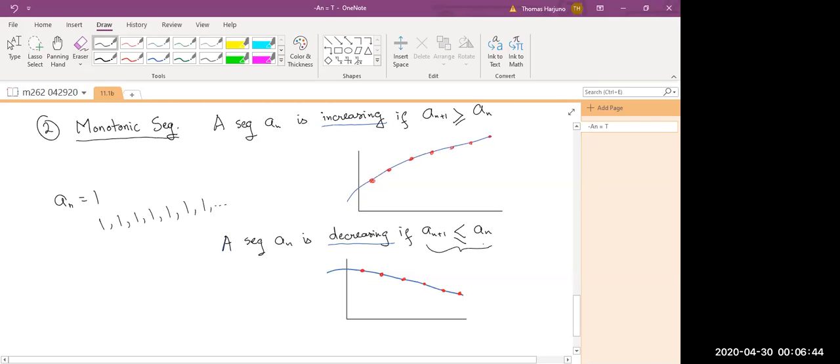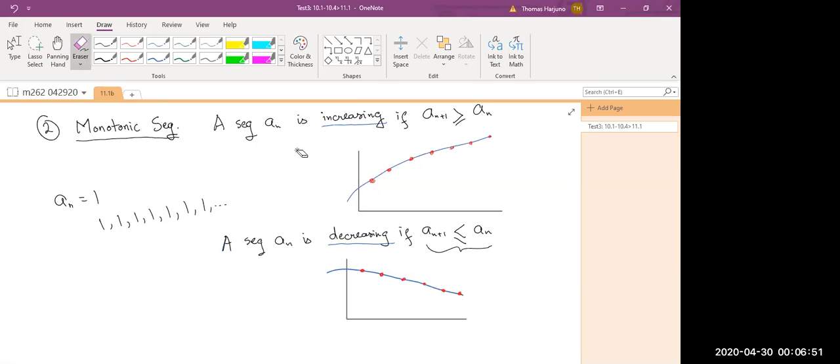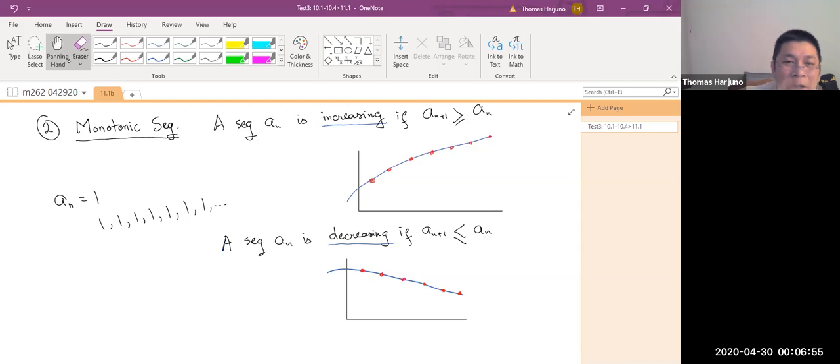Yes, but not strictly. You could say it's decreasing, yes. It is decreasing, but it is not strictly decreasing. So a constant sequence is actually also decreasing, and at the same time it is increasing. A constant sequence is increasing and decreasing at the same time. However, a constant sequence is not strictly increasing, nor is it strictly decreasing.